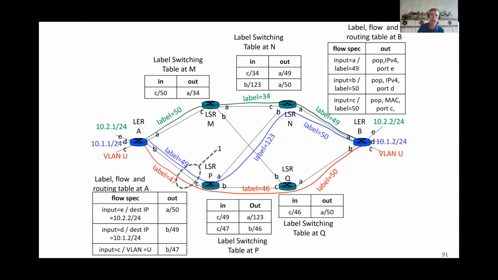Here I'm showing three MPLS connections, a green, a blue, and a red one. And I'm showing also the tables, the MPLS parts of the tables at the different routers. In MPLS terminology, there is a distinction between an edge router, a label edge router (LER), and a simple label swapping router.